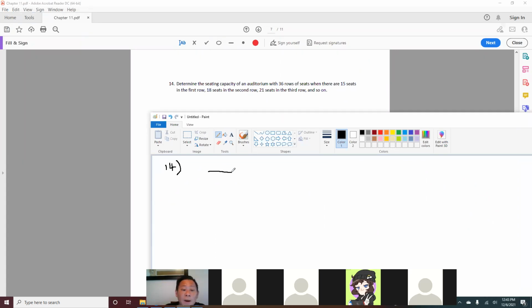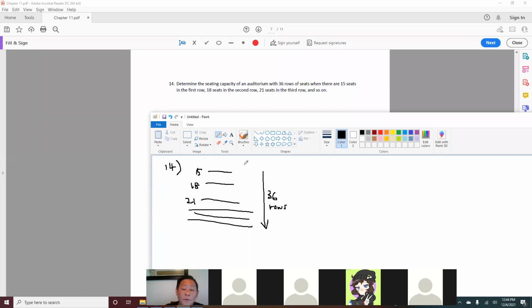The first row has 15 seats. The second row has 18 seats. The third row has 21 seats, and so on. And this is having 36 rows of seats here.